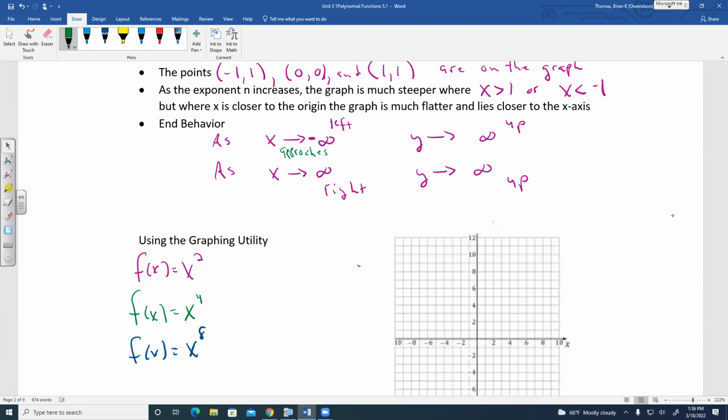So the more you go left, the y values should be going up even more. As x approaches infinity, so if we go to the right, the y values are also going to be approaching infinity. They're also going to be opening up.